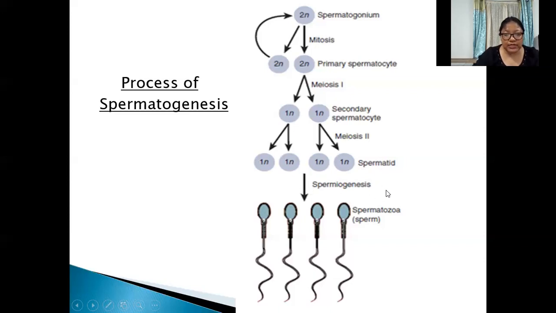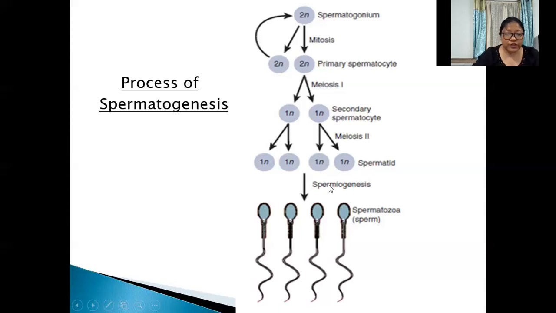So spermiogenesis is the process where the spermatid transforms itself into sperm. You should not get confused between spermiogenesis and spermatogenesis. Spermiogenesis is the process where the spermatid is converted to sperm, whereas spermatogenesis is the entire process where the sperm is produced. All right.